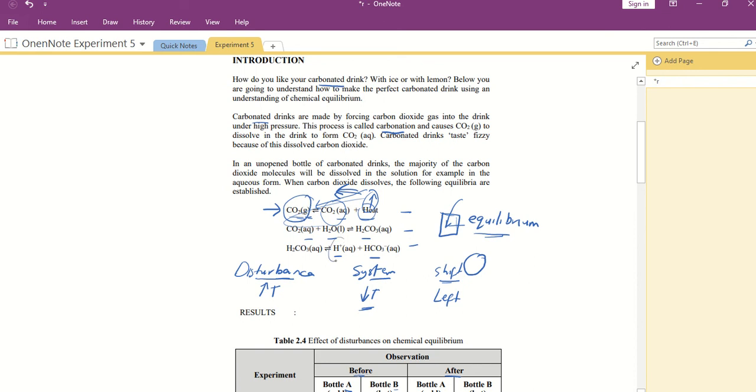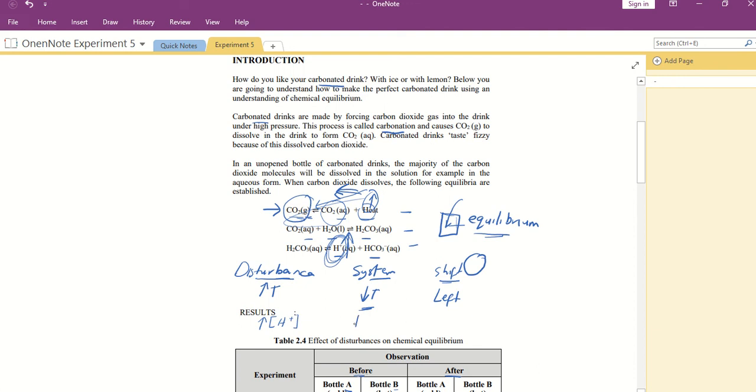Okay, here H plus. The vinegar or the lime juice or the lemon juice that we add increase the concentration of H plus. The disturbance that we introduce is the increase in the concentration of H plus.